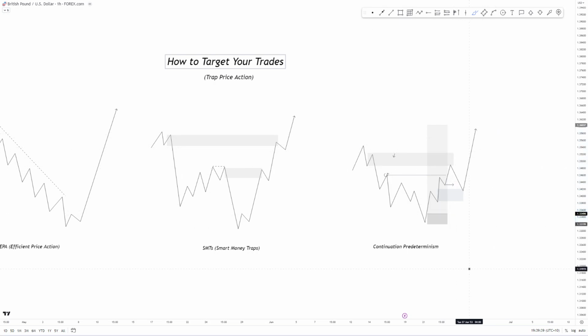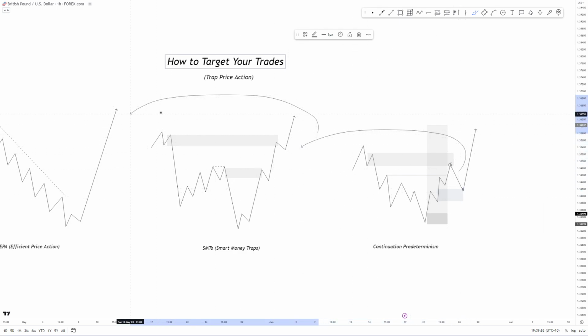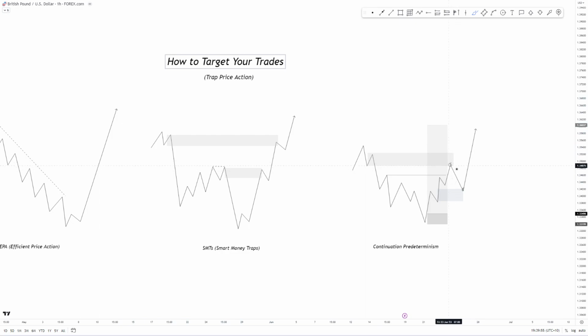So it's that intention and that predeterminism the market can give, which can benefit us, especially when we're in a trade like this. Another factor we'll see is from here to here, we'll have either this or this. Why? Because we're trapping reversal traders because we're having a pullback and a continuation to the upside. So creating this form of inducement and a continuational POI is what our predeterminism comes into.